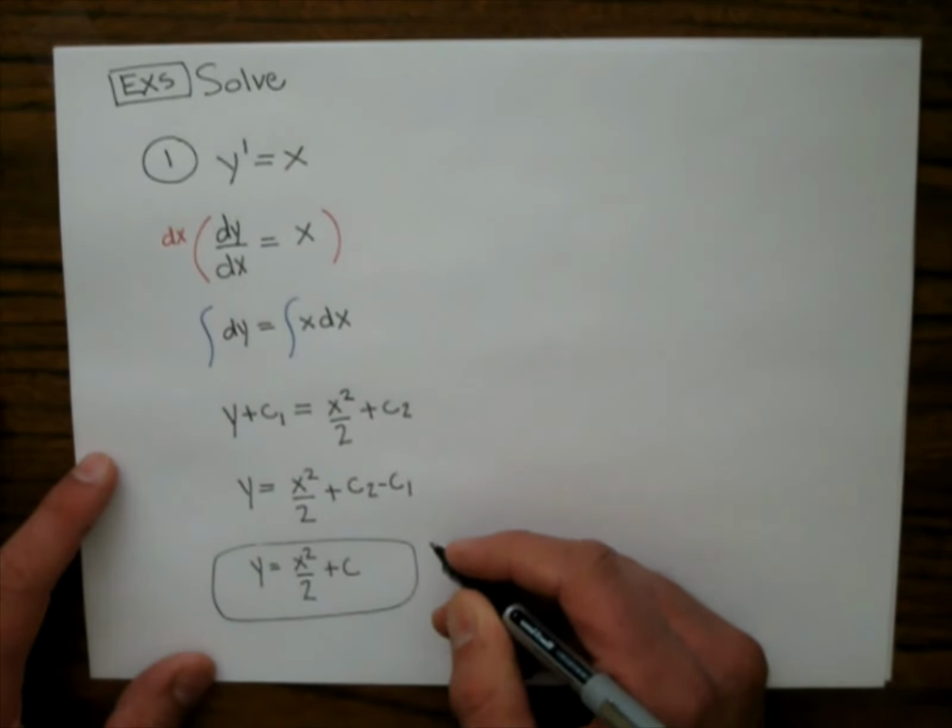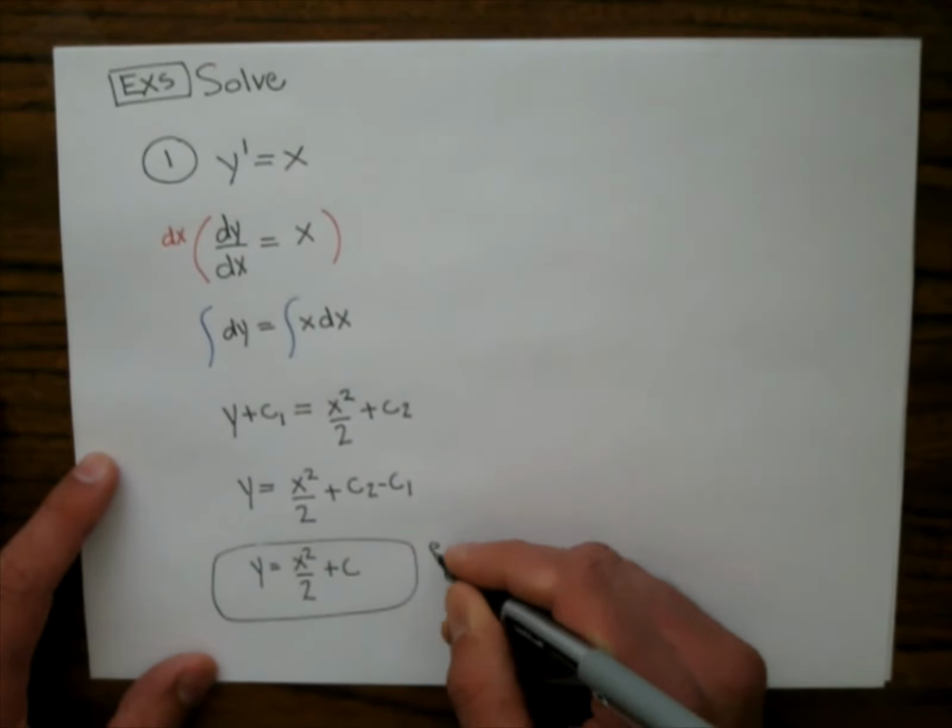This is called an explicit solution. An explicit solution means that it is solved for y.